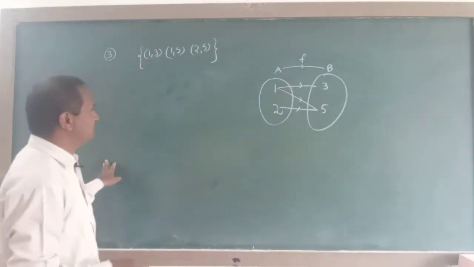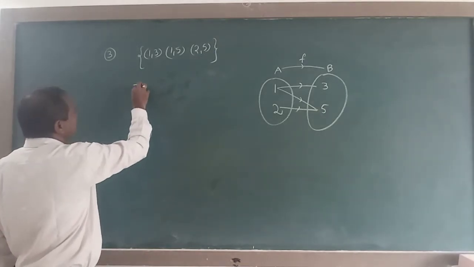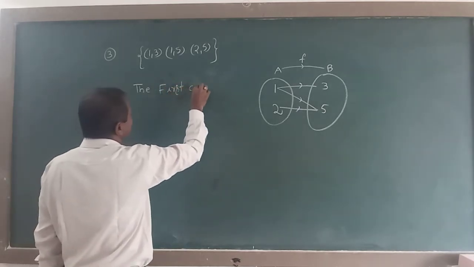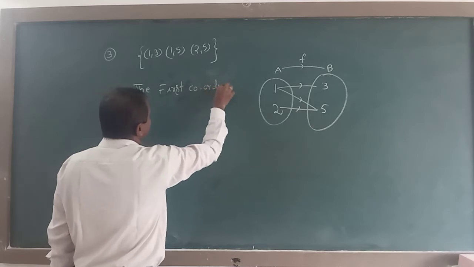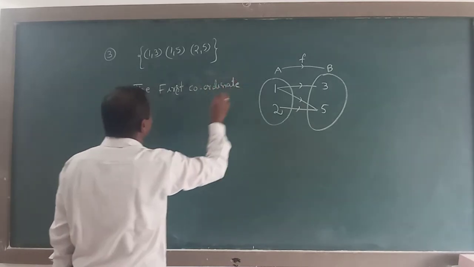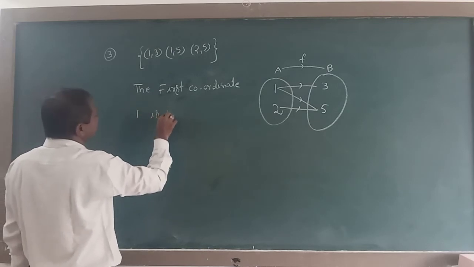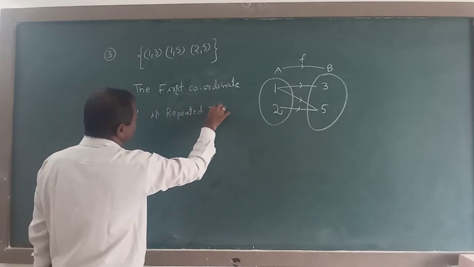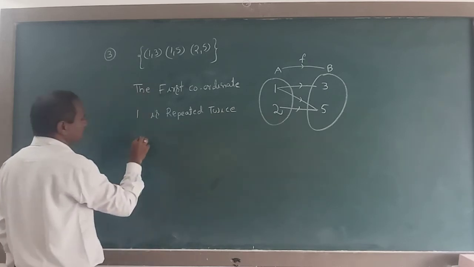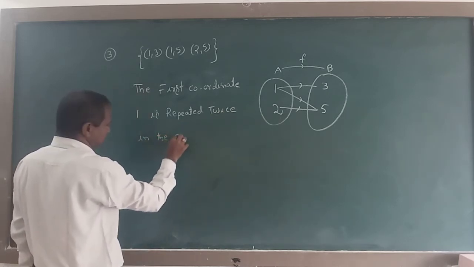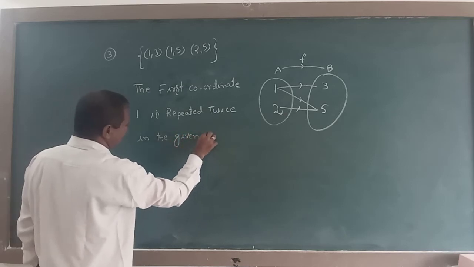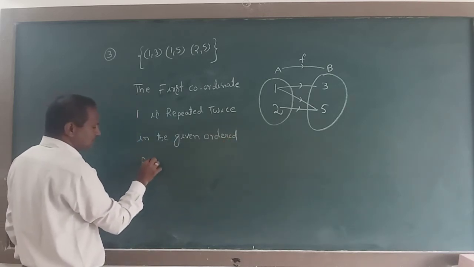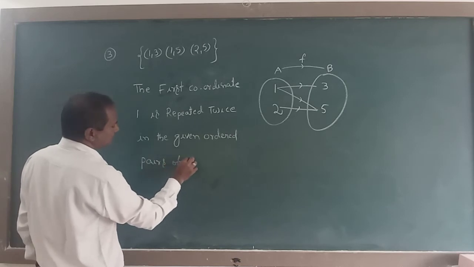We should write in words like this: the first coordinate 1 is repeated twice in the given ordered pairs of the relation.